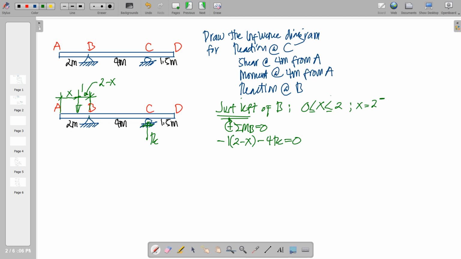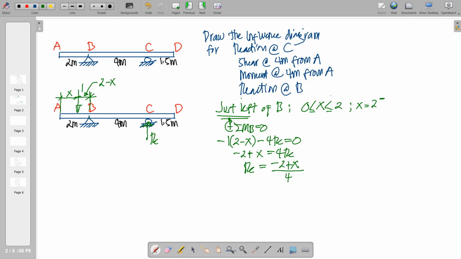If we transpose this to the other side, it becomes positive. We maintain this one, -2, or we have to distribute it, -2 plus x. So this now becomes positive for RC. We divide both sides by 4. I think we need to rearrange that, putting RC on the left side. So just interchange the sides. We have RC is equal to (-2 plus x) divided by 4.